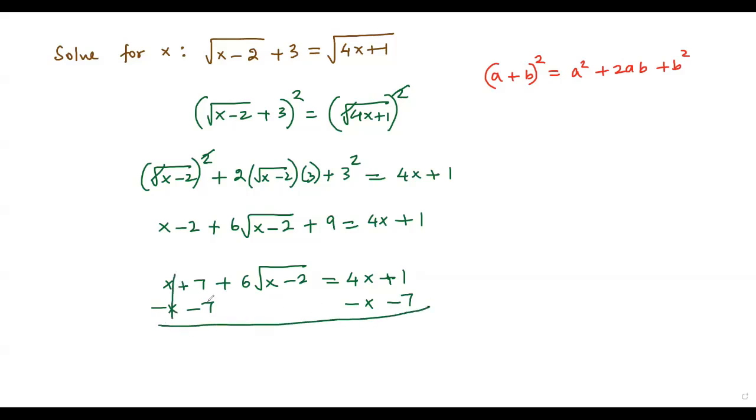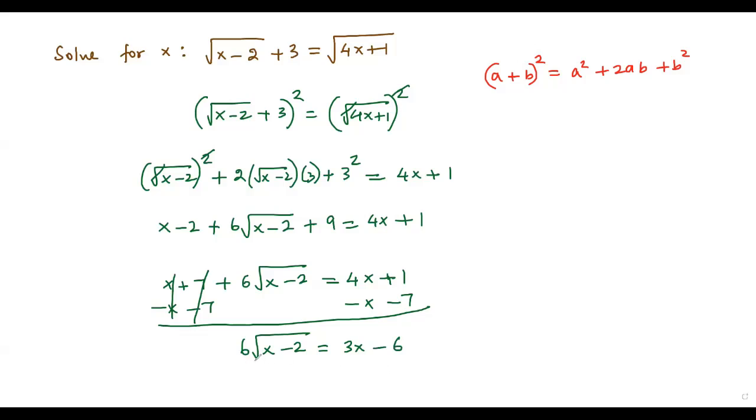The x and -x will cancel, 7 and -7 will cancel out. I get 6 times the square root of x - 2 equals 4x - x, which is 3x, and 1 - 7, which is -6.